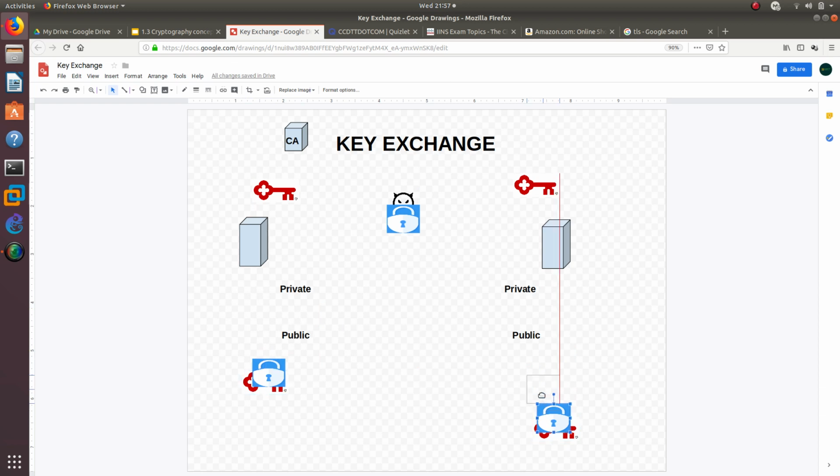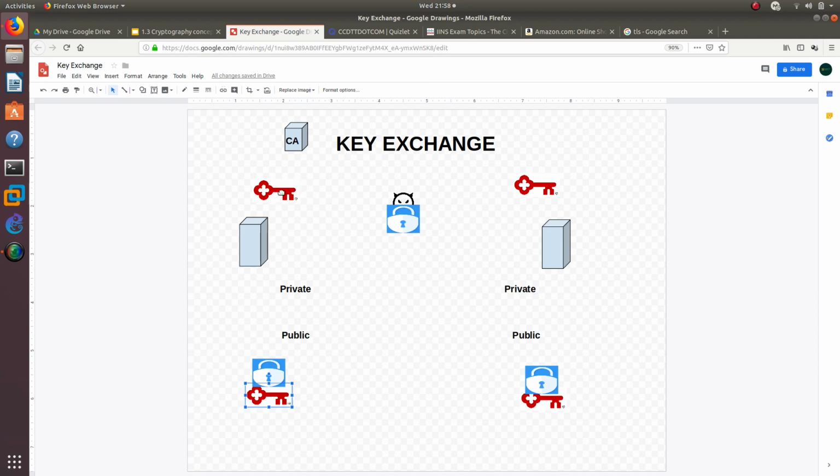And after we establish that, we are going to send our shared key, which is the symmetric key. Since we have a secure and encrypted process, we are able to send it via a secure protocol.